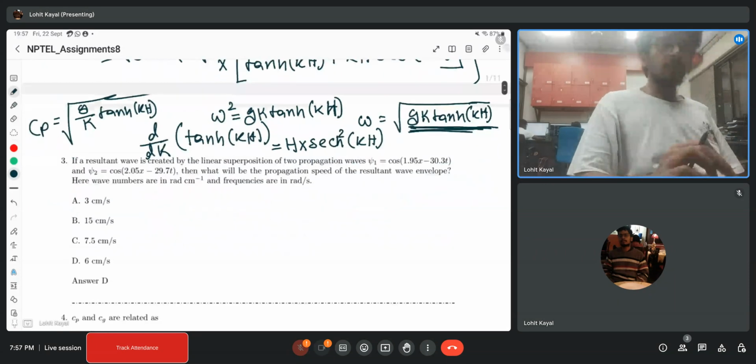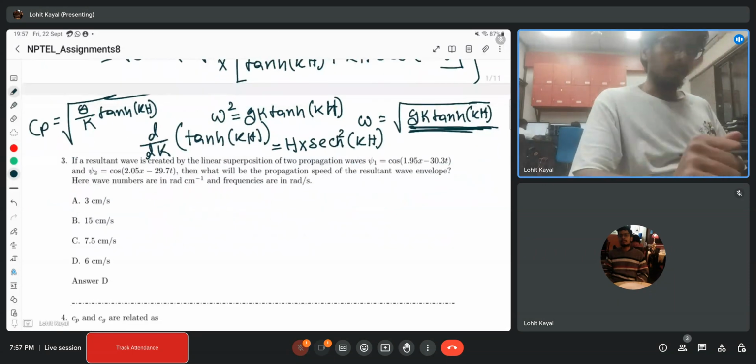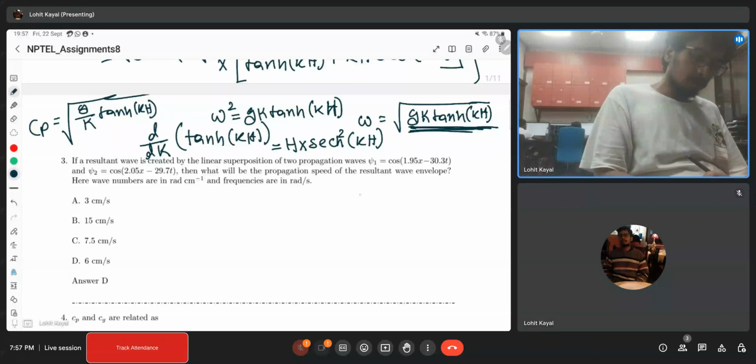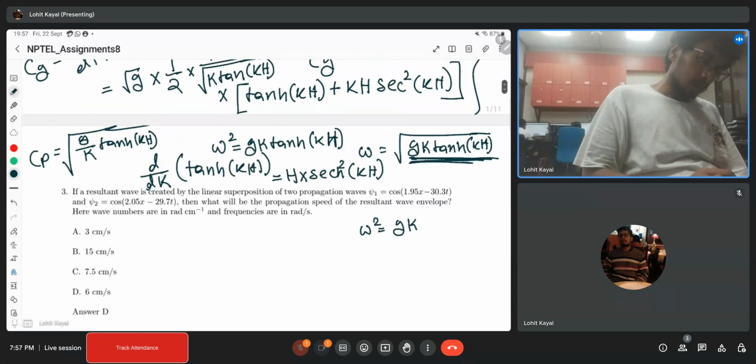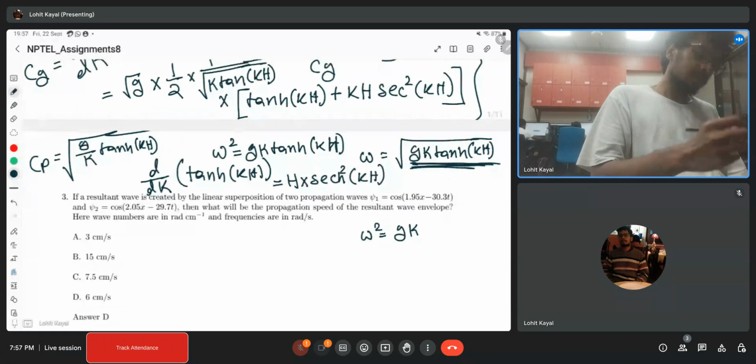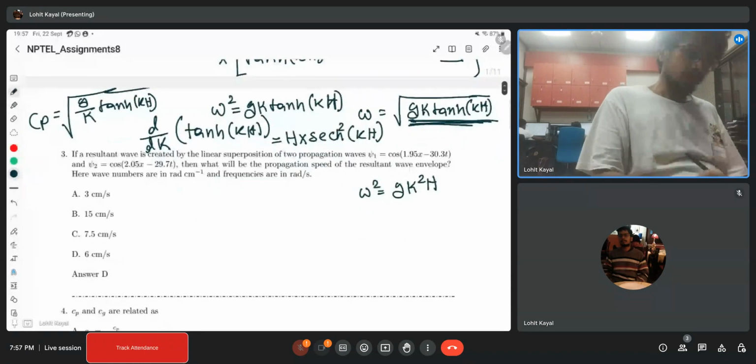Now, if we go to the shallow water limit, your omega square will be equal to gk tanh kh, so tanh kh will be kh. In the last week we have discussed it. It will be g times k square h. So this is non-dispersive, right? So omega equal to square root gh into k.